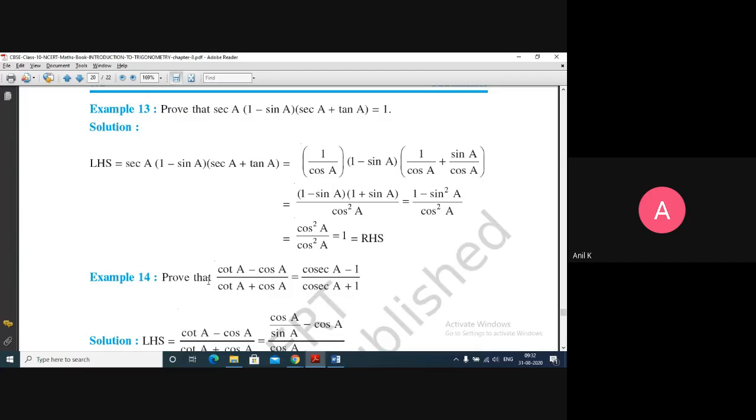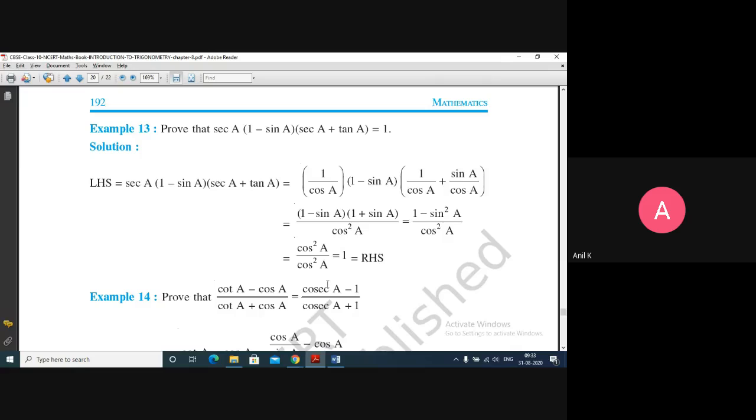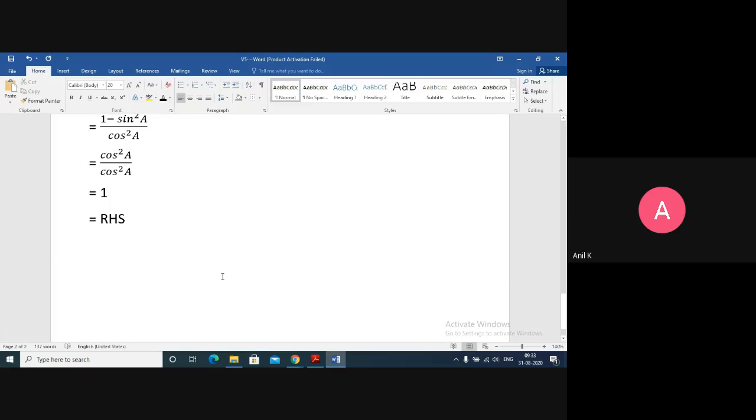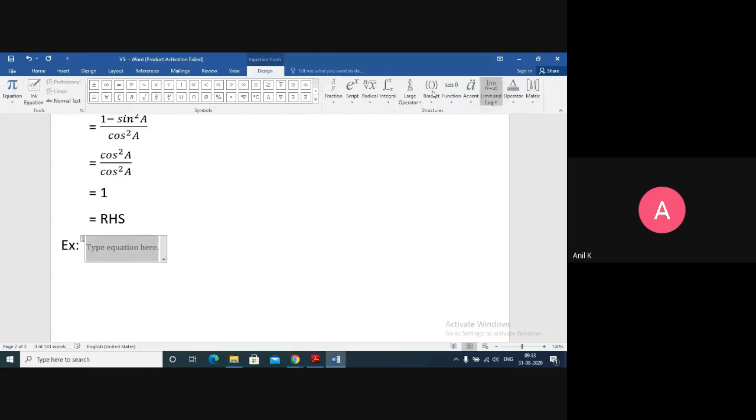The next one is prove that cot A minus cos A upon cot A plus cos A equals to cosec A minus 1 upon cosec A plus 1. Cot and cos. Okay, next example I will take. Let me write first what we have to prove.